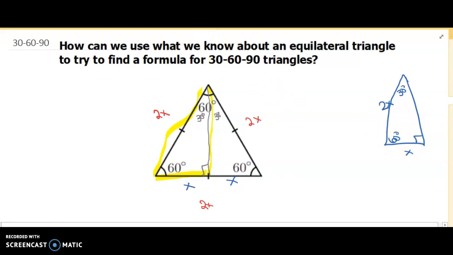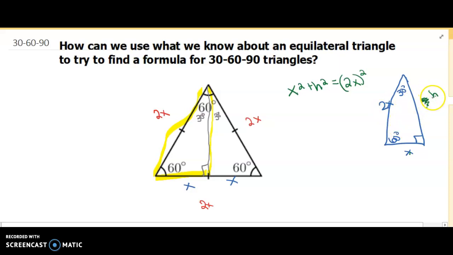Now if I do the Pythagorean theorem, we don't know what this side is, so I'm going to call it h. So x squared plus h squared equals 2x squared. Pythagorean theorem: leg squared plus leg squared equals hypotenuse squared.